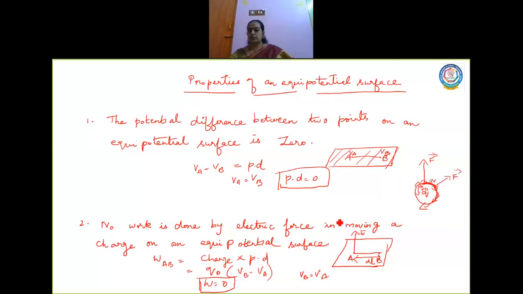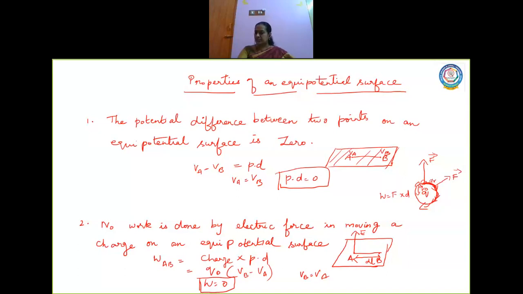So when you talk about the work done here, what is the formula for work done? Work done is force into distance. Now force will be acting outward, and the direction of displacement of the test charge will be tangential. Now what is the angle between F and dr?